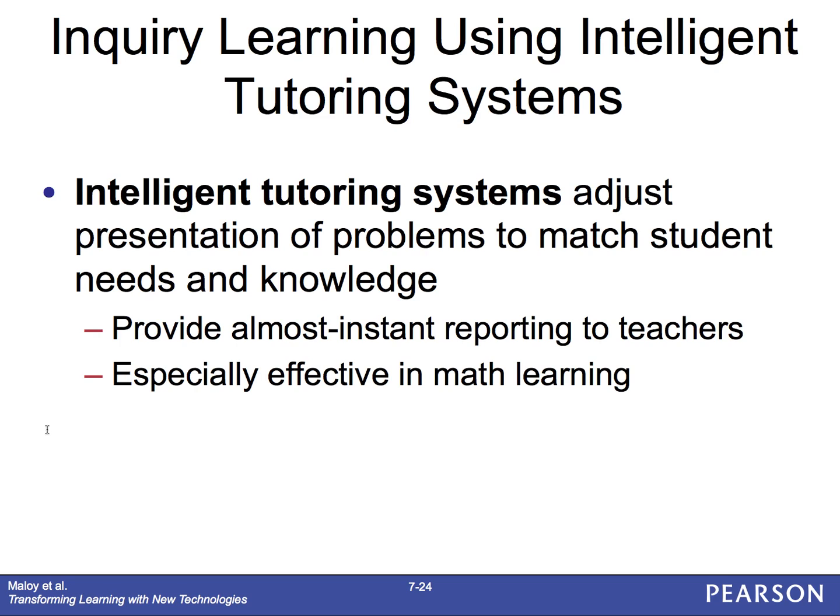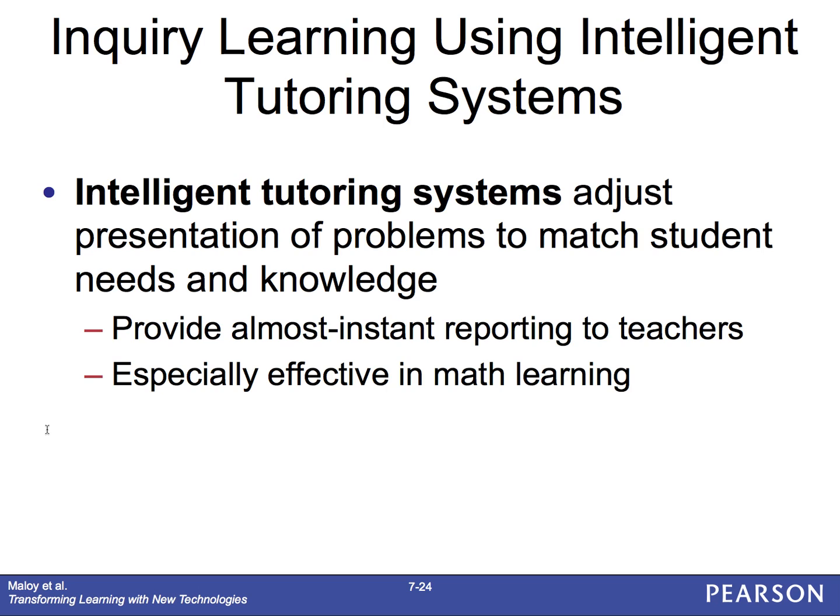The Khan Academy I was talking about a couple lectures ago would be a great tutoring system for your level. But Khan Academy is also great for high school students. And I'm sure down the road there's going to be a Khan Academy for elementary if there's not one already. That would be a good example of an intelligent tutoring system.